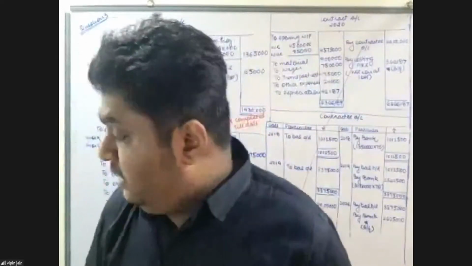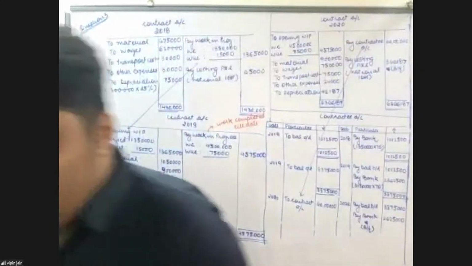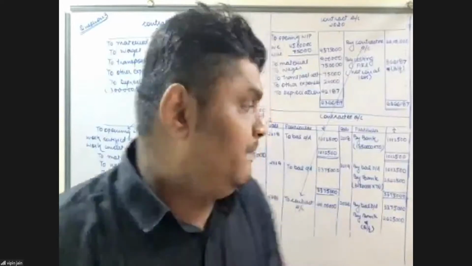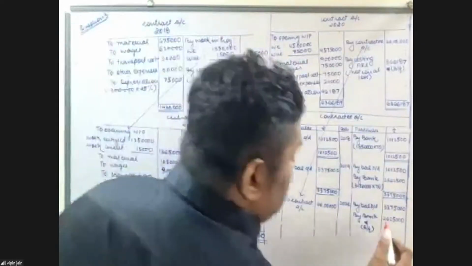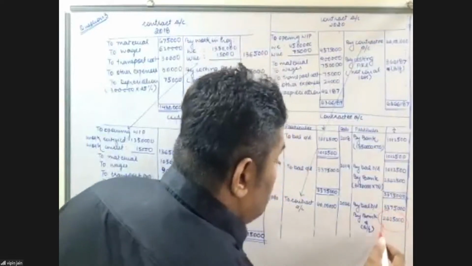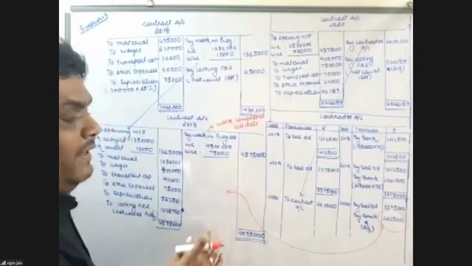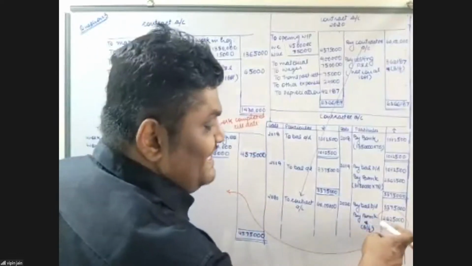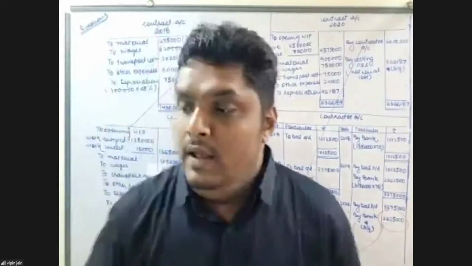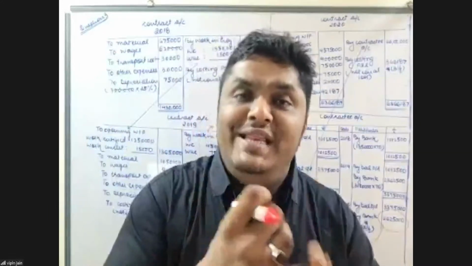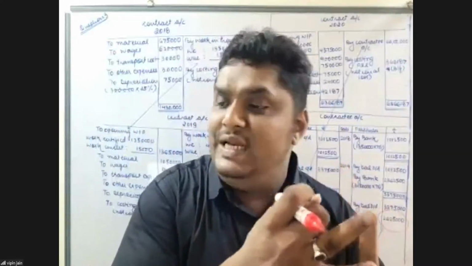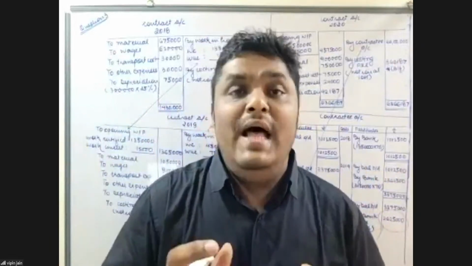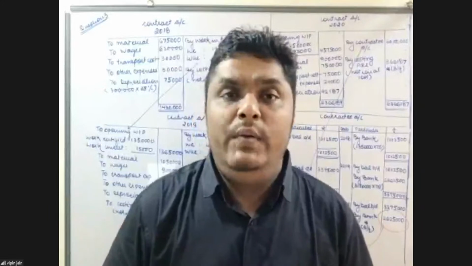I'll be showing this calculation separately for your reference. So, due to space constraint, I'm writing the calculation here. This 26,25,000 is what? The retained amount of 2018, the retained amount of 2019, plus the amount for the work that is completed in 2020.